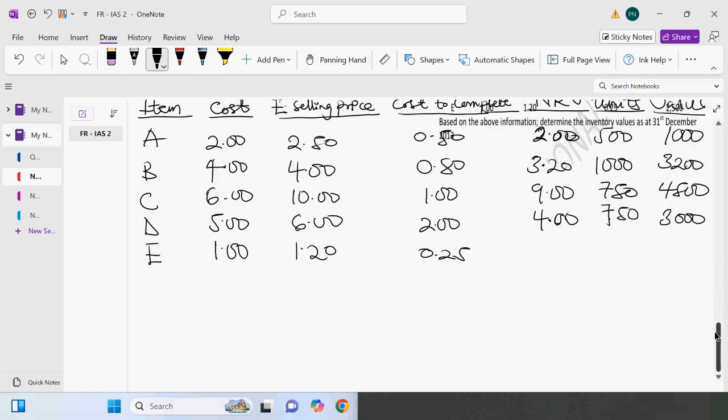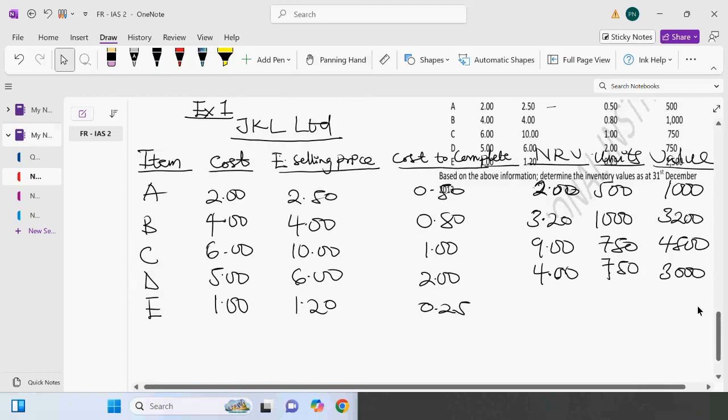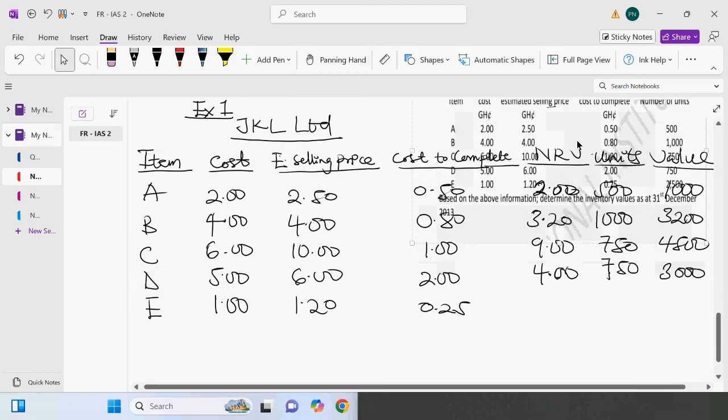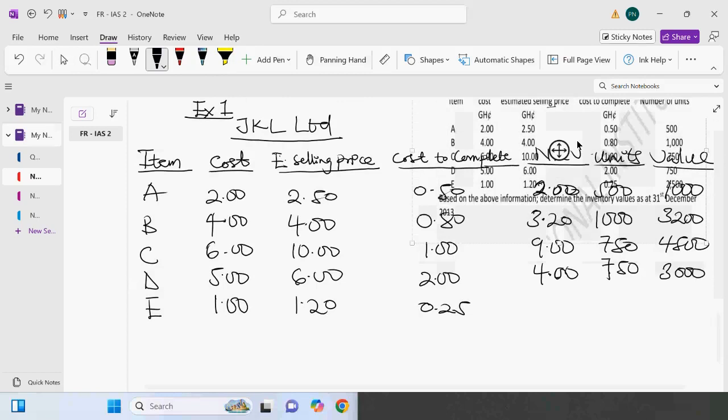So what is our realizable value? 0.95. So which of them do we pick? 0.95.